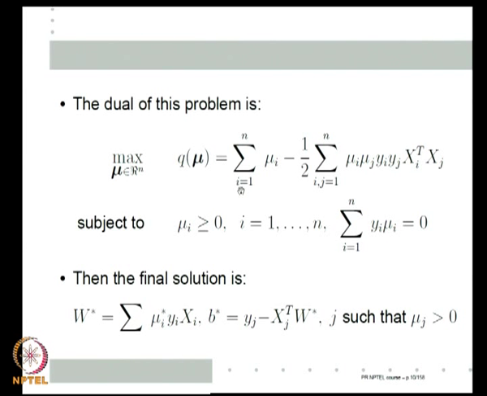So, if I solve this dual, I can obtain the mu i stars, and once I get the mu i stars, I get my final solution W star and b star. Note that the dual is also a quadratic cost function, linear constraints. The dimensionality of the dual is n, which is equal to the number of examples irrespective of the dimension of xi, and the input vectors xi themselves come only as inner products here. Okay.